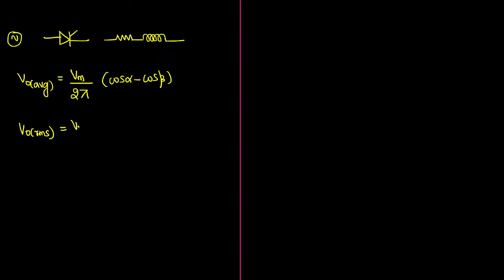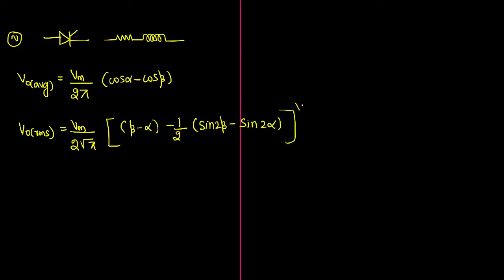So Vm by, as usual, 2 into root of pi, under square root. Here it will come up with beta minus alpha, minus 1 by 2 times, in bracket, sine of 2 times beta minus sine of 2 times alpha. Now we can close the bracket and keep them under root.